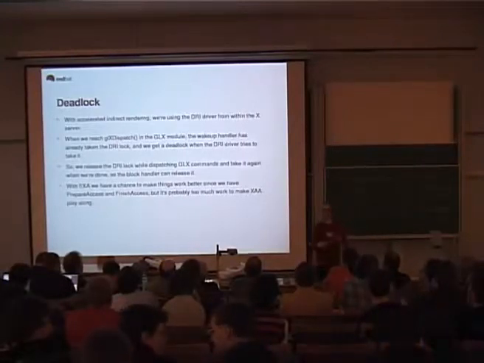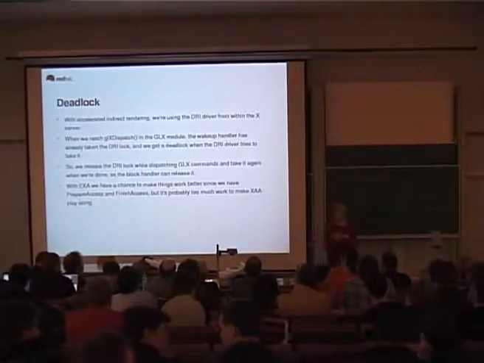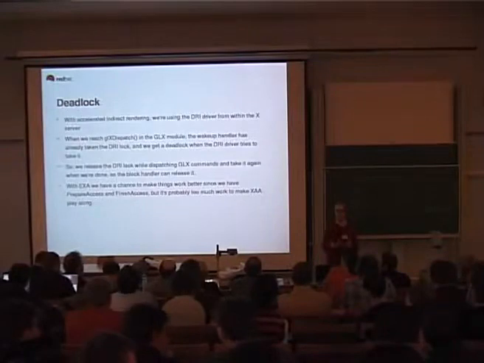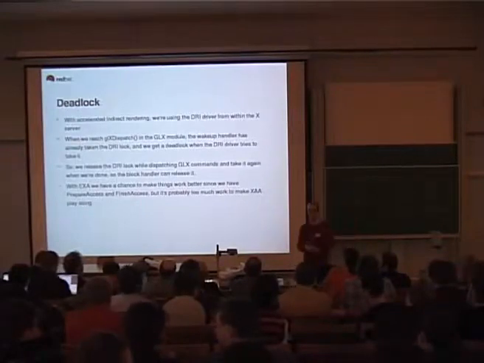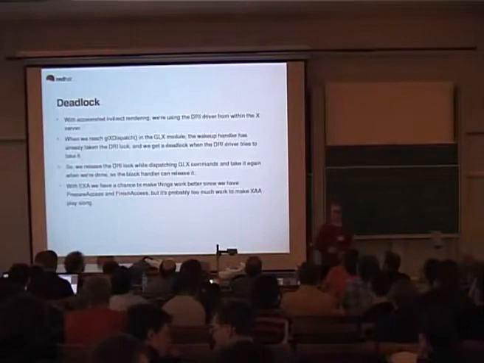It grabs the lock, because that's what it does when it receives a request, and then calls into the DRI driver to render it. Then the DRI driver thinks, I need to grab the lock before I render. But the X server already has it locked, so we have a recursive deadlock here, because we're trying to run a driver that grabs the lock from inside the lock.